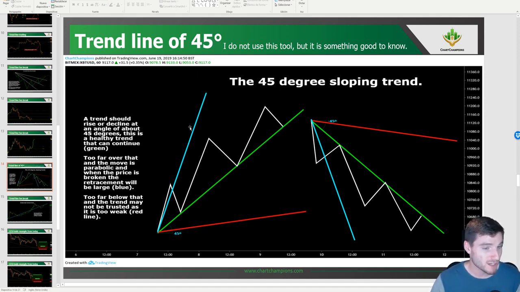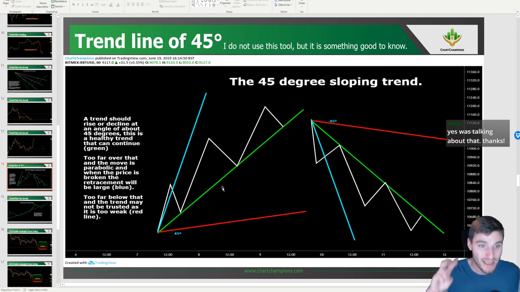Basically with the 45 degree angle, it's kind of like Gann, he's the founder of it. So when you're looking at a trend that's moving up or down, what we could say is when a trend moves at a 45 degree slope, that is a healthy trend and the uptrend can continue.